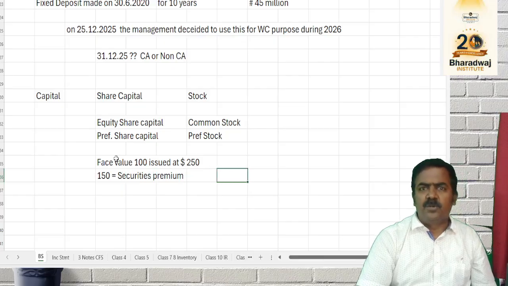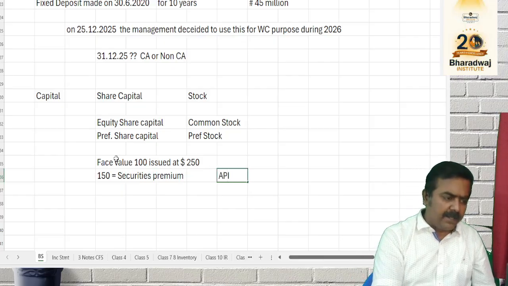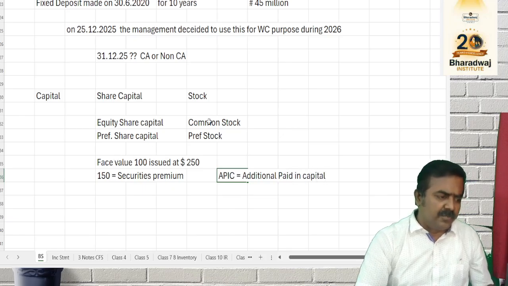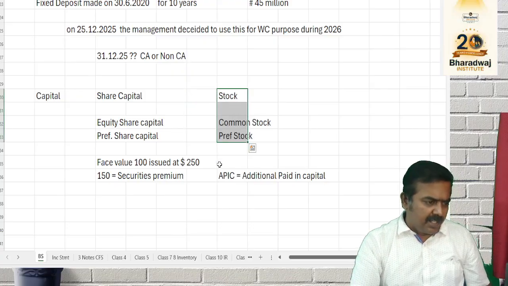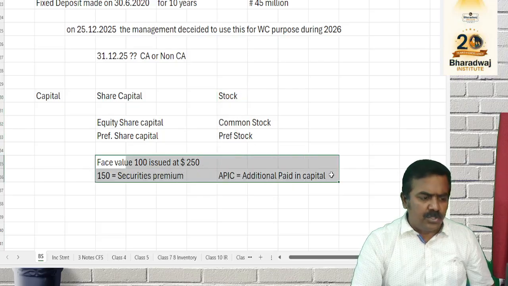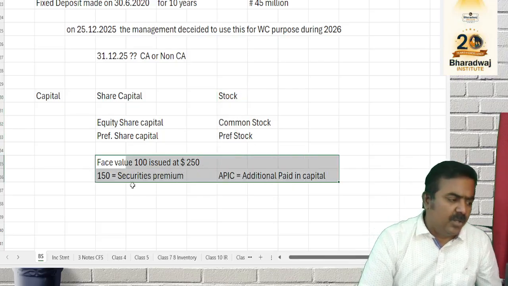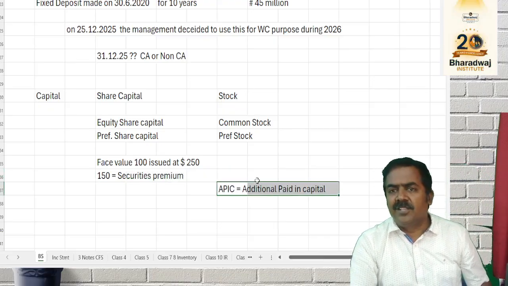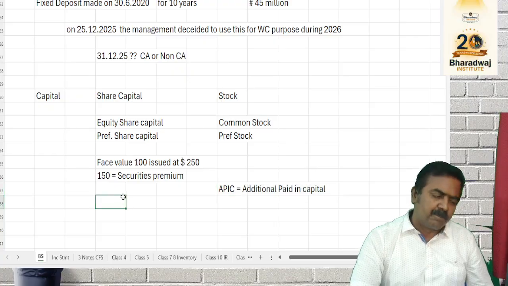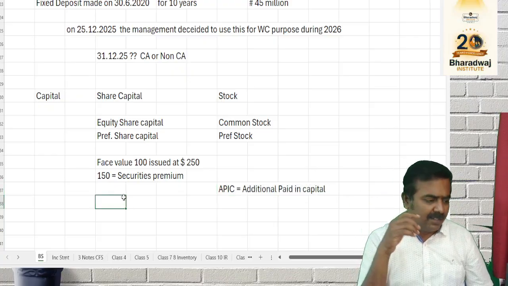But in US, they don't use the word securities premium. They call it APIC, additional paid in capital. There is a terminology difference between the Indian accounting system and US GAAP and IFRS. So when you issue shares more than the par value, face value, in India we call it securities premium, and in US additional paid in capital.